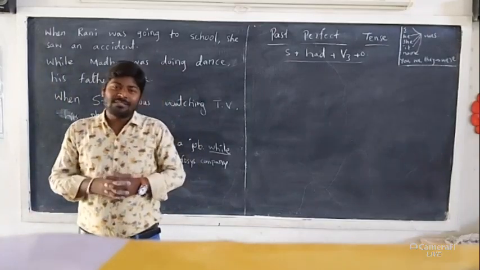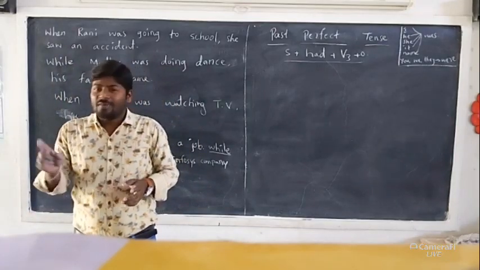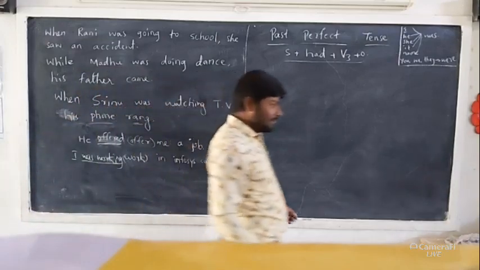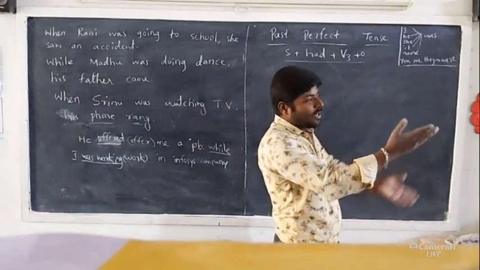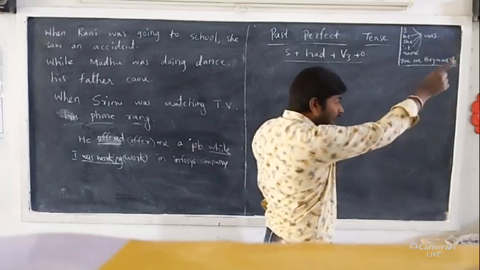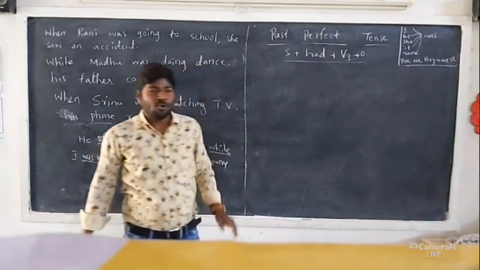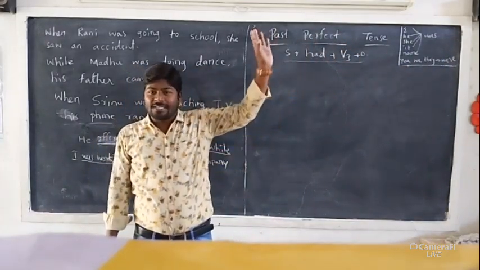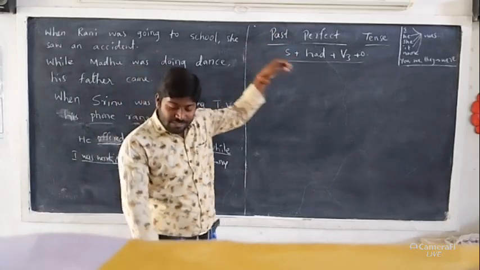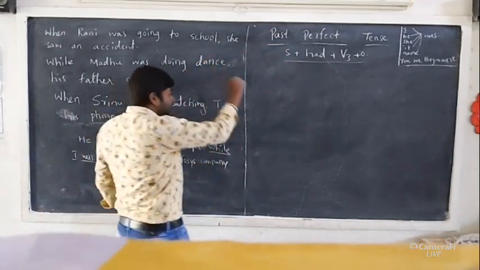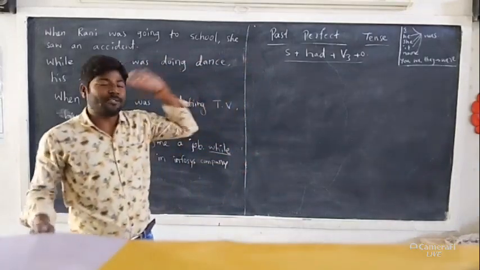Which action happened first? When I reached the bus station, I did not find the bus. That is why we can understand the bus had left the bus station. That action happened first. That is why we should write that sentence in past perfect tense.